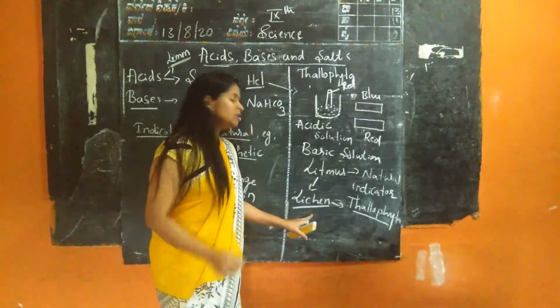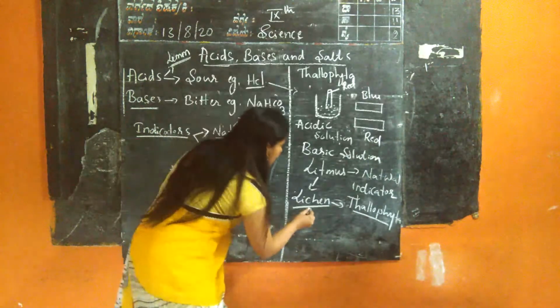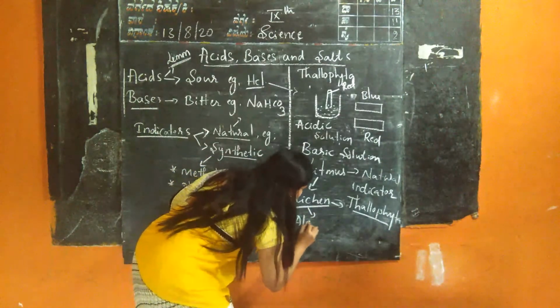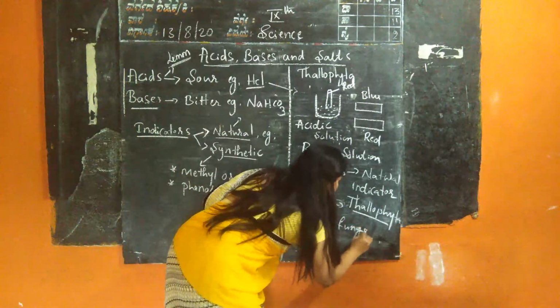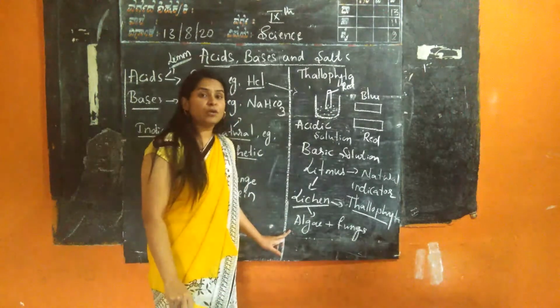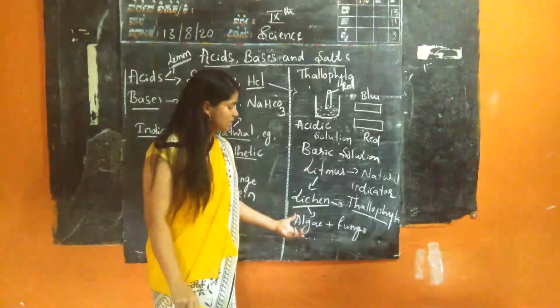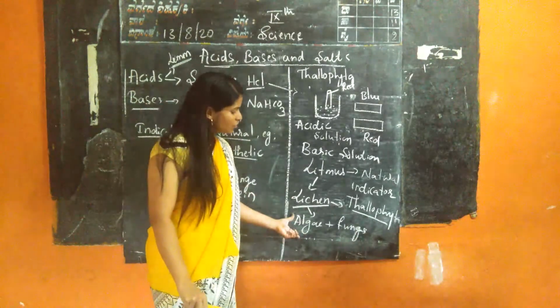Lichens are what? A combination of algae and fungus. Algae plus fungus. This also shows a symbiotic relationship. What is this symbiotic relationship?